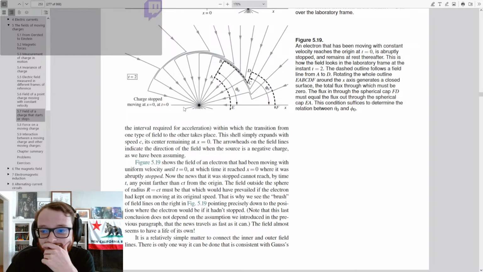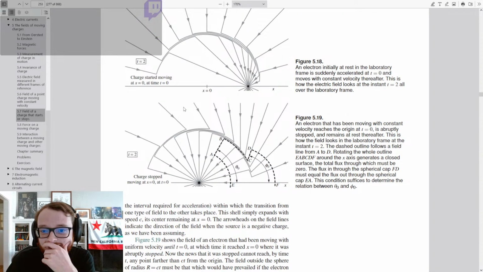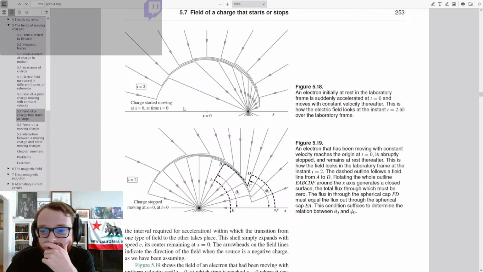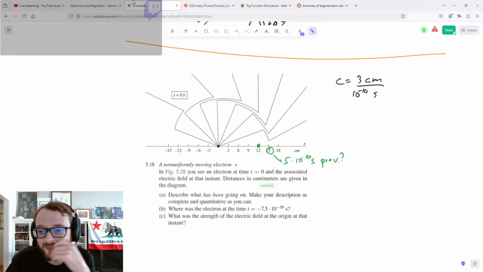They bunch up perpendicular. Weird. Yeah, it should be perpendicular, you're right.